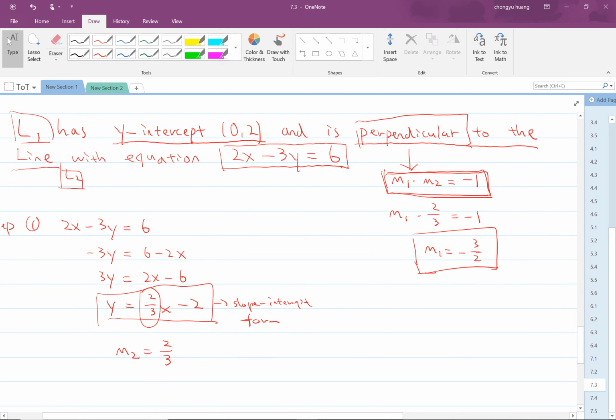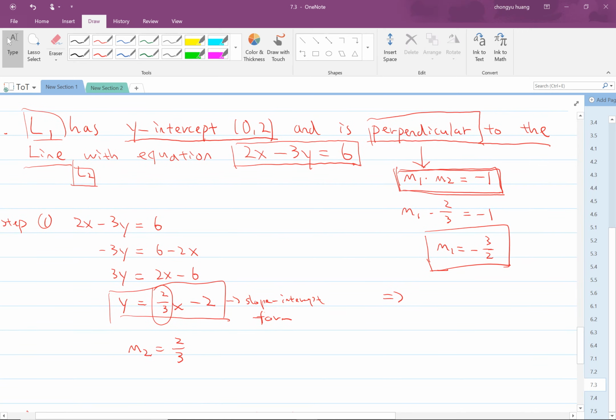So now you are able to find the equation of the line L1, right? Let me write the equation of L1. Here we already have a slope and a y-intercept right over here.